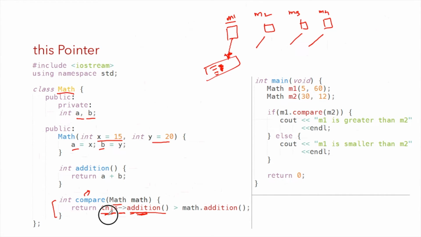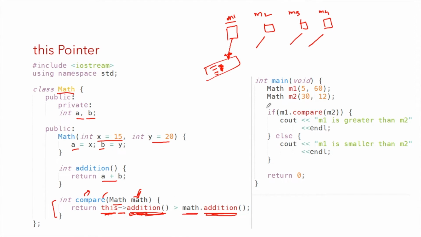Using this operator, I'm using the object which has called this function, and comparing the value this function returns with my fixed object which I'm passing here. So this addition function is going to return the addition of two different objects.